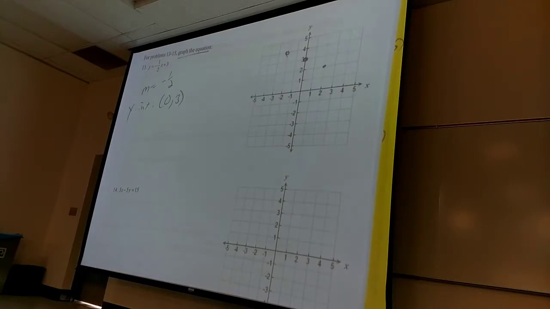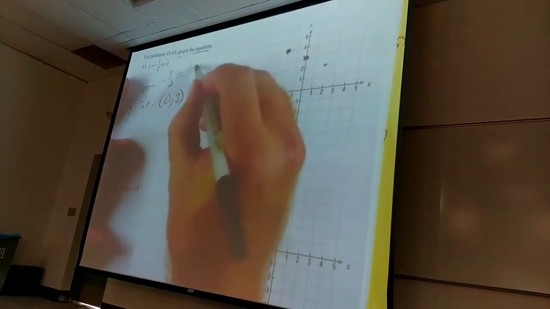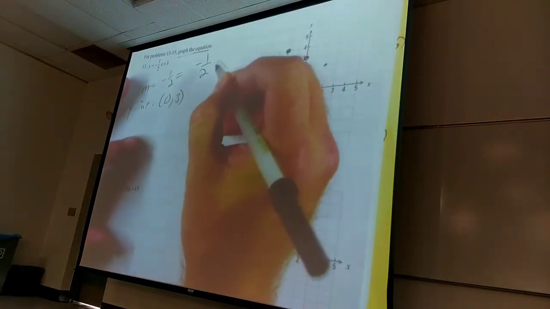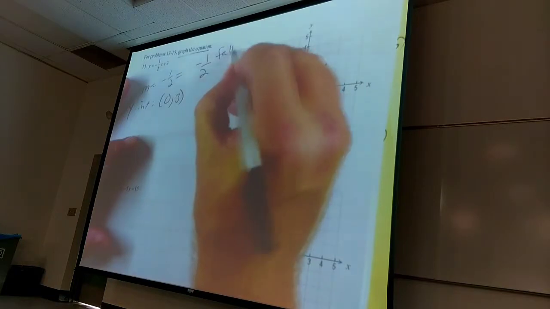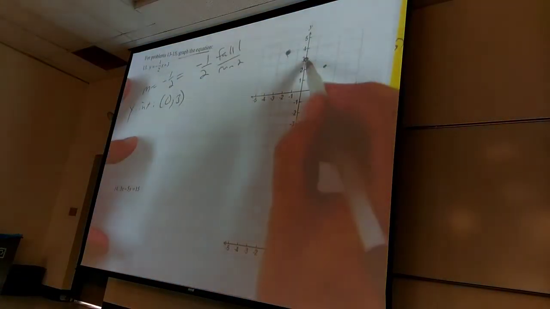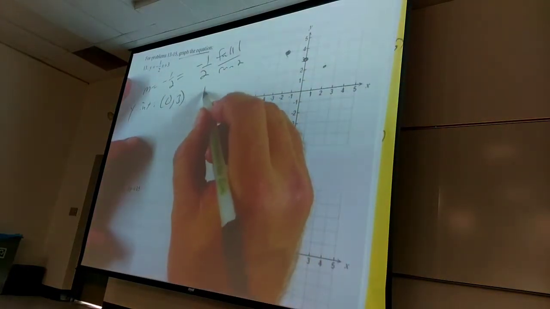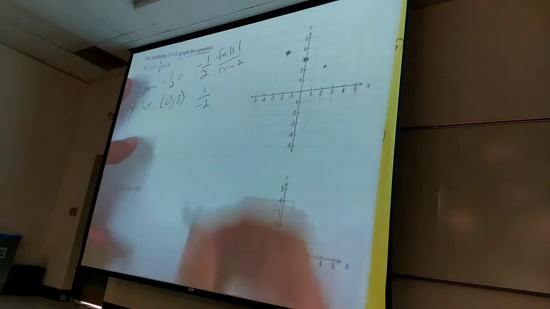Why would it go right instead of going up? Let's look at this. -1/2 officially means fall 1, run 2. Math says if you want to be silly and put the negative on the bottom, I don't care.